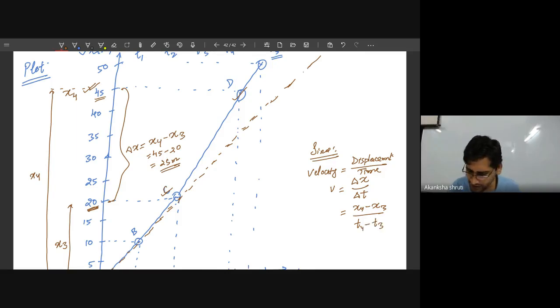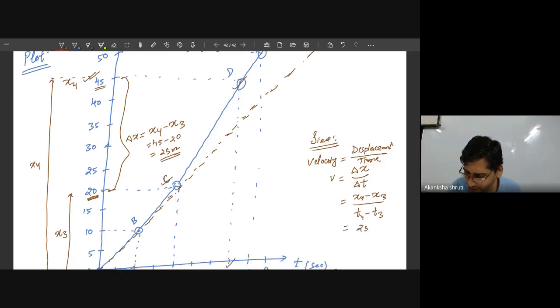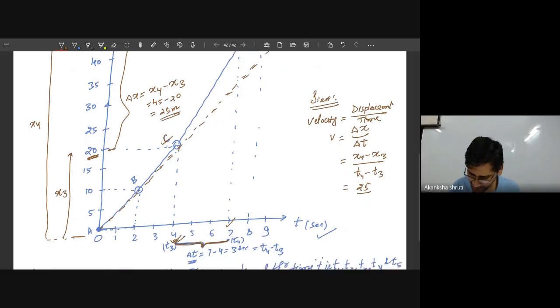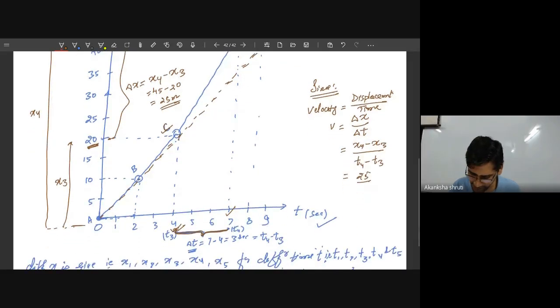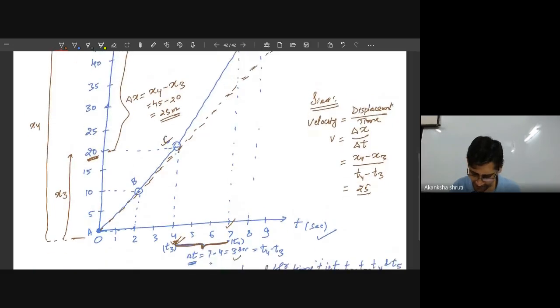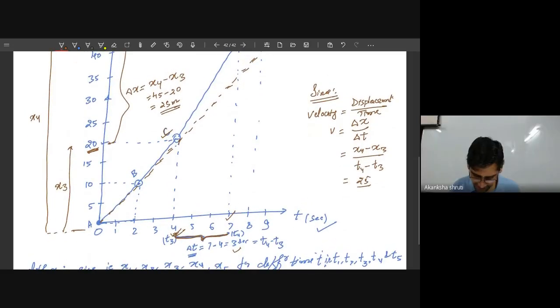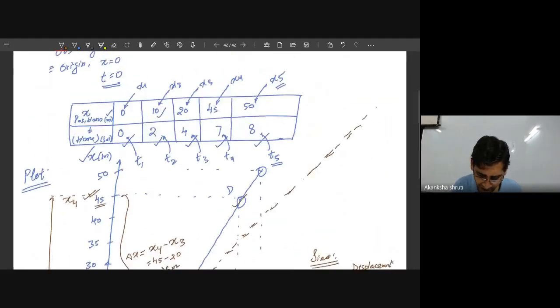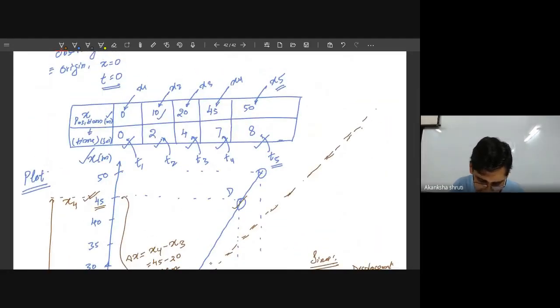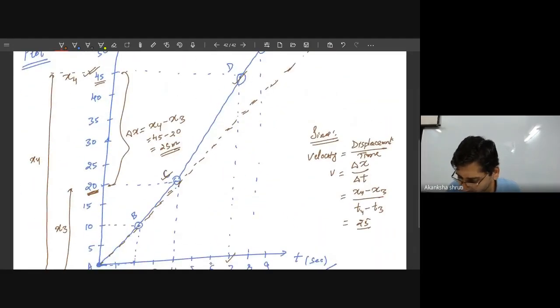If I substitute, it is 25 by the time interval, which we have calculated. Yes, 4 to 7 we have taken, no? 4 to 7, it is 3. So it is 25 by 3 meter per second, because the numerator is in meter.